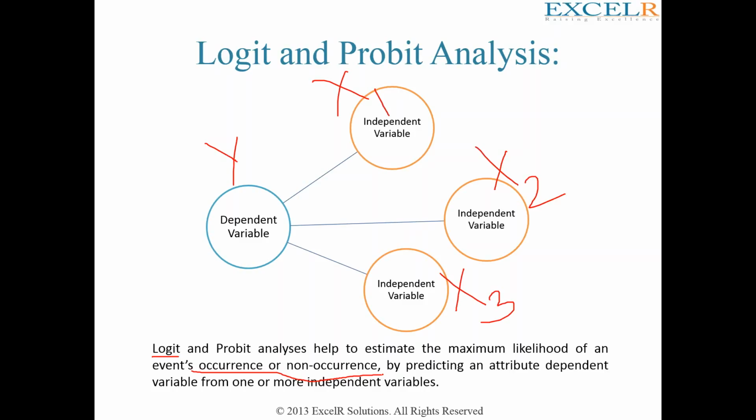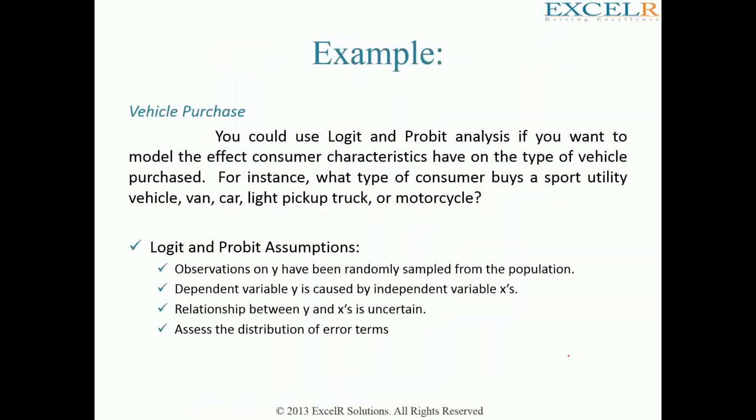It estimates the maximum likelihood by predicting an attribute dependent variable, which is your y, from one or more independent variables. So the model is going to use y and x in order to estimate the maximum likelihood that an event is going to occur or not occur. It's basically the same thing, but the variant, that's it.